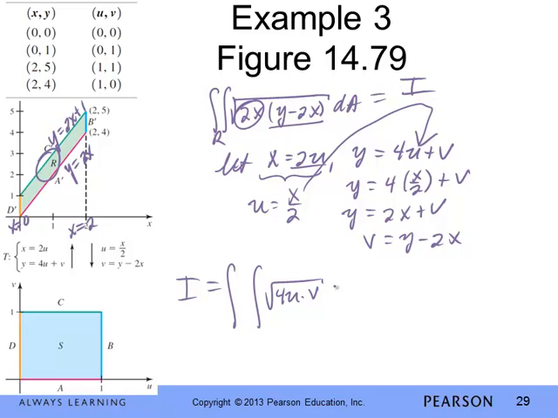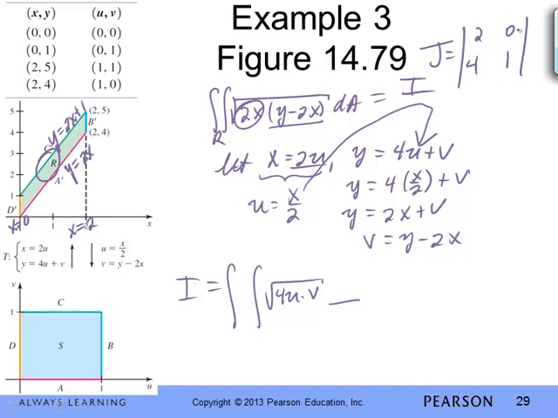Now, we've got to figure out what our Jacobian here is. So, what is our Jacobian? So our Jacobian is going to be the partial of x with respect to u, which is 2, the partial of x with respect to v, which is 0, the partial of y with respect to u is 4, the partial of y with respect to v is 1.